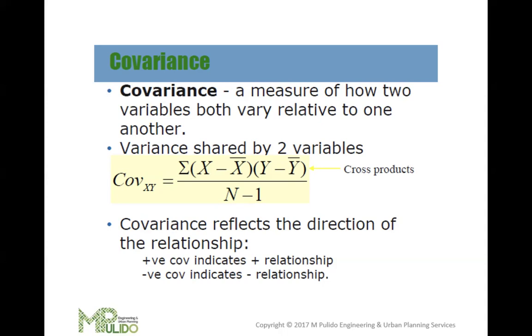So covariance measures how two variables vary in tandem relative to their means. So positive covariance indicates that the variables increase together, while negative covariance indicates that one variable increases as the other decreases. So there's a formula also.